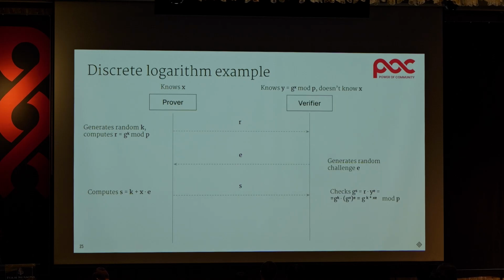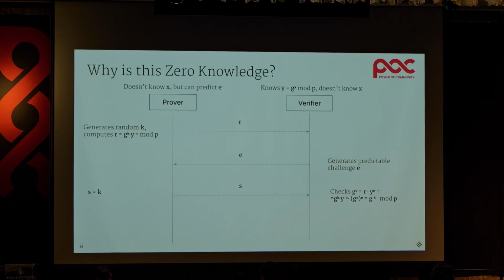Why do we say that this is zero knowledge? Well, there is a very simple trick that cryptographers use, which is to say, let's say we can predict the challenge that the verifier sends us back. If we can do that initially, we can construct such an initial random value r that will always satisfy the condition that the verifier imposes on us.